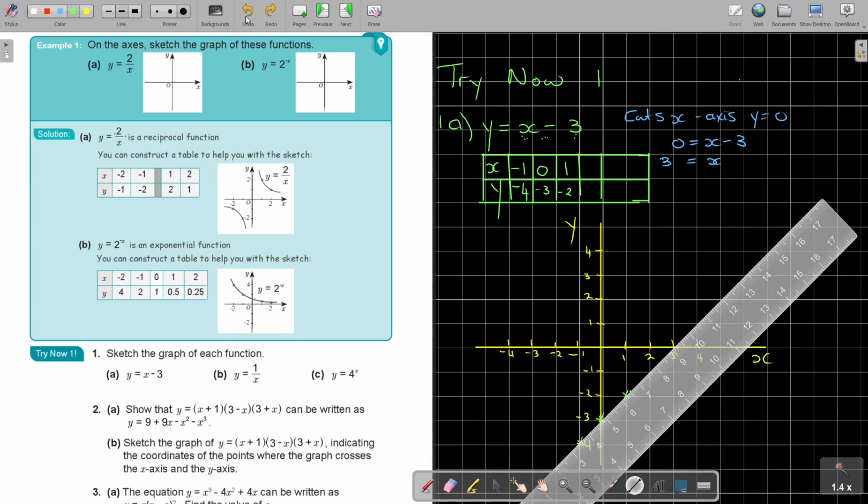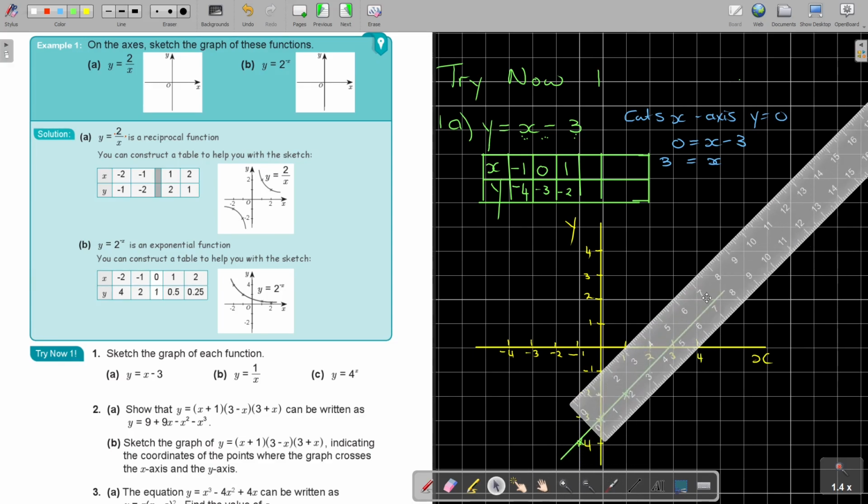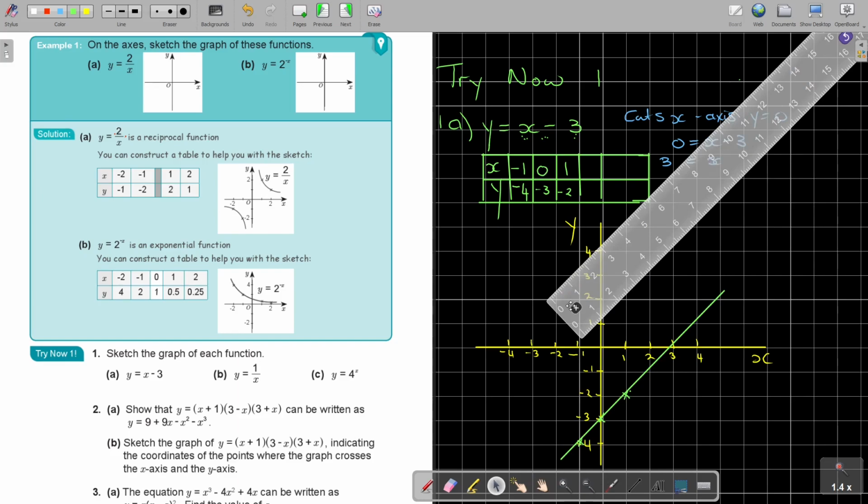I must start very close, otherwise it's not going to be accurate. Let's see if I do it from the top. But it cuts there at 3 and there. And now I'm just going to get my technology away, which really made it a bit more difficult.